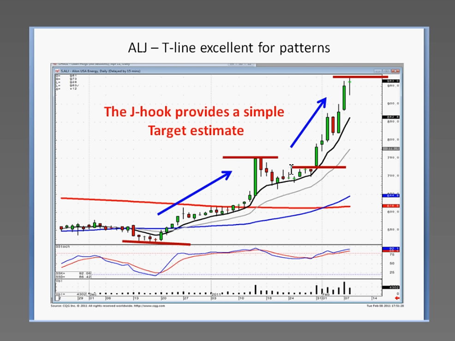The T-line is the 8 exponential moving average. So you put that on your chart just like you would a simple moving average. They'll either ask you whether you want SMA or EMA, and the T-line is the 8 EMA.